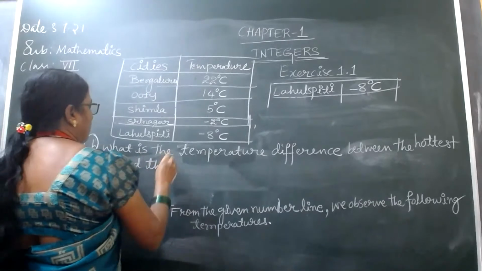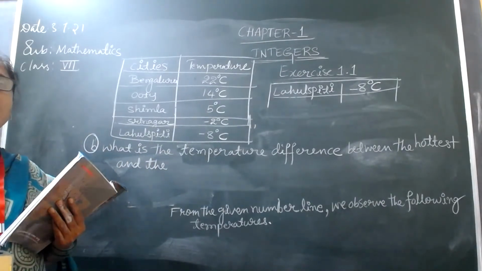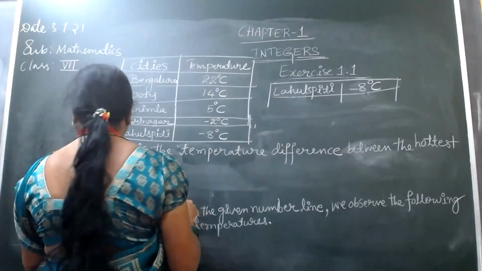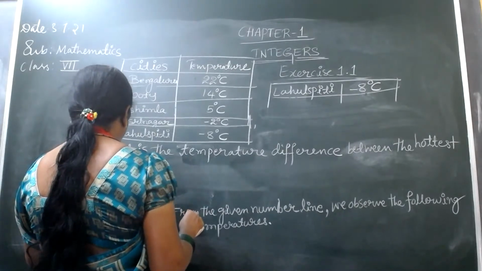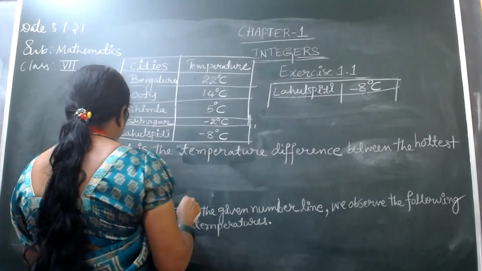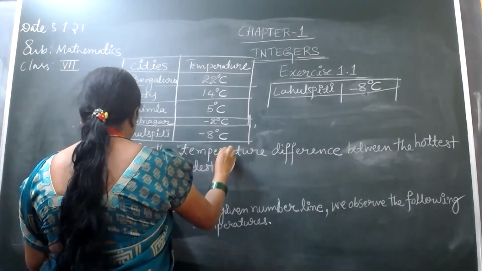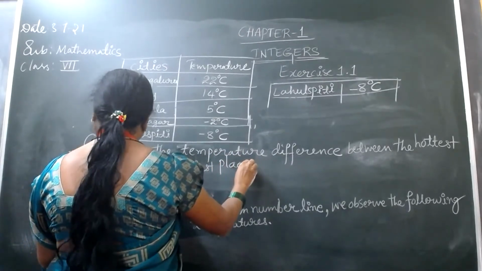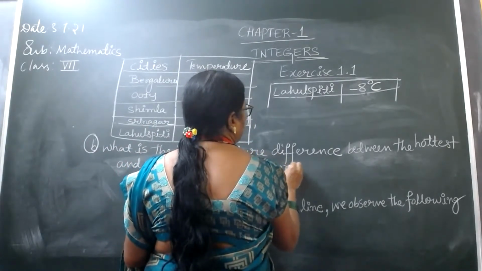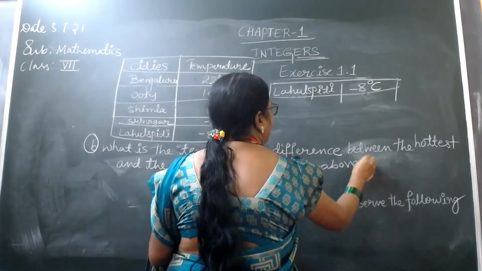I'm writing one question and below that I'm writing the solution. In the textbook, all 4 questions are given at a time, students, so I'm giving the solution for one question. Between the hottest and the coldest places among the above.